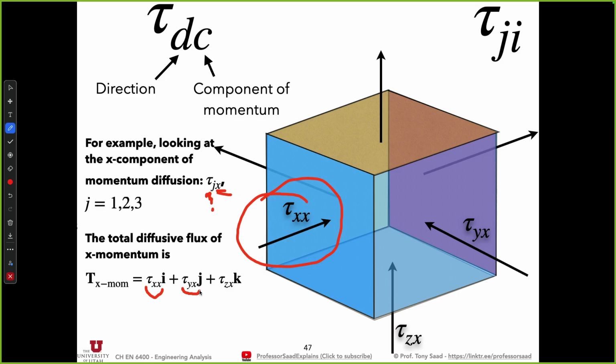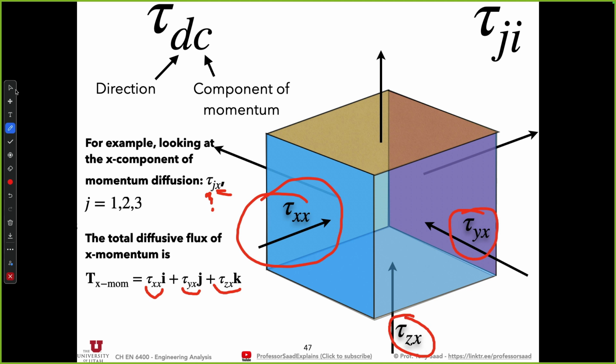Tau yx is the diffusion of x momentum, but through a y face, or in the j direction. And finally, tau zx is the diffusion of x momentum in the z direction, or through a z face.